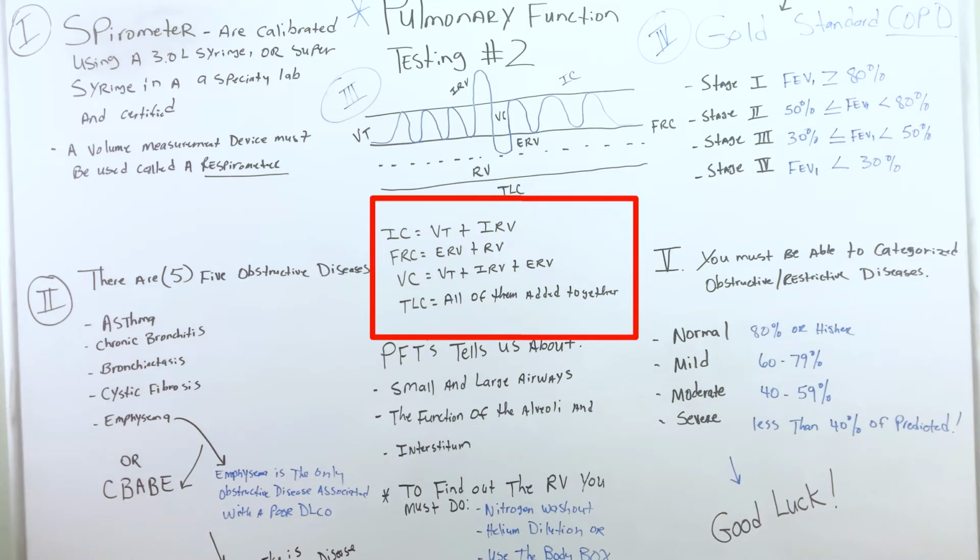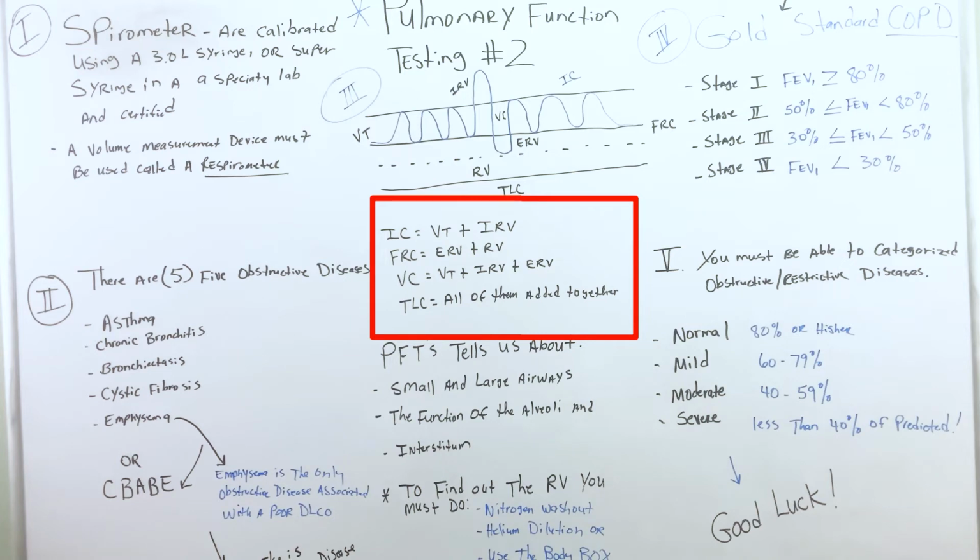Your functional residual capacity equals your expiratory reserve volume plus residual volume. The vital capacity, if you know nothing else, know this one for the exam. The vital capacity equals your tidal volume plus your IRV plus your ERV. You will have to know that for the exam. The total lung capacity, like I said, is all of these added together.